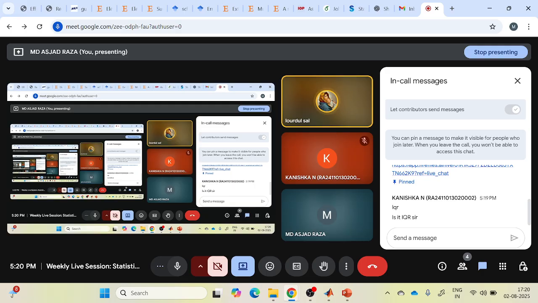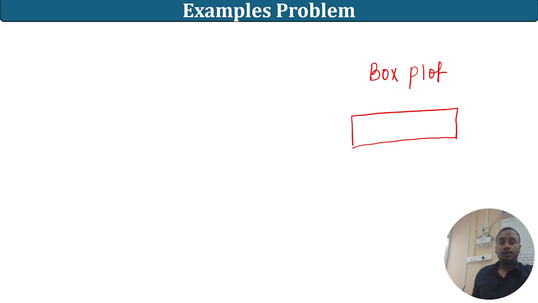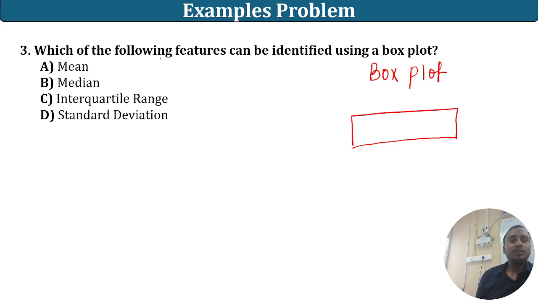Yes, sir. Interquartile. Okay. So that means we can't see, is it?